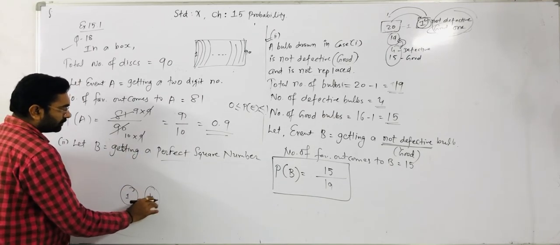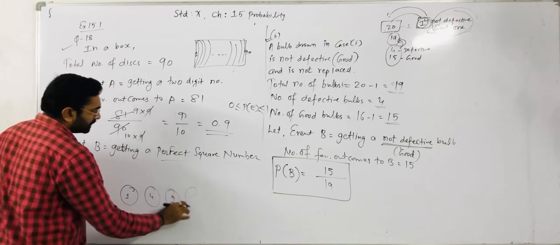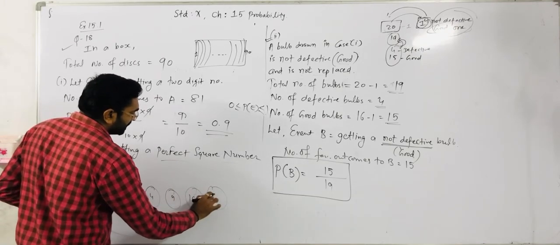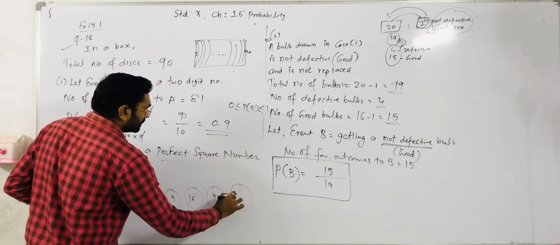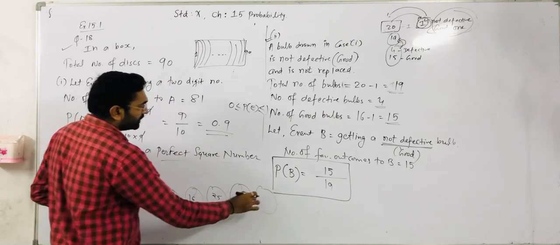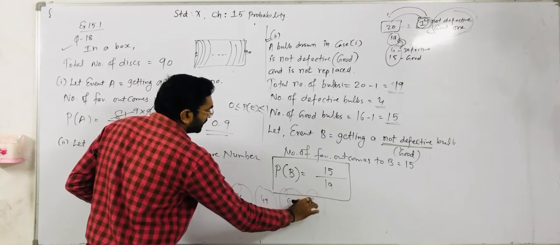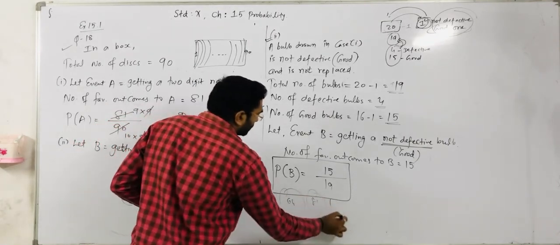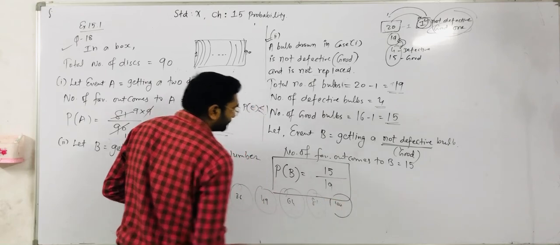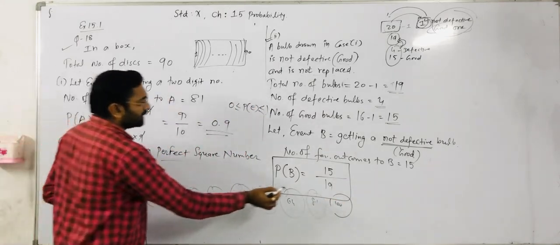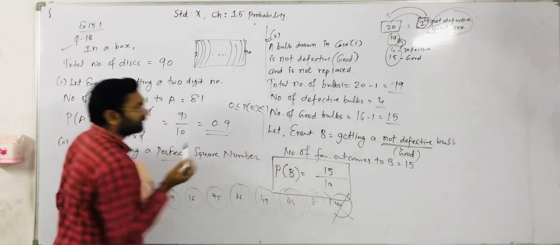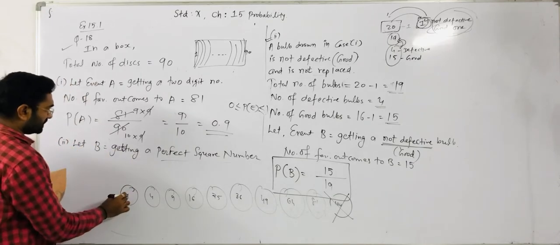So 1, 4, 9, 16, 25, 36, 49, 64 and 81. Now if you take the next one, it becomes 100, but the number 100 is not given. So this is a perfect square.